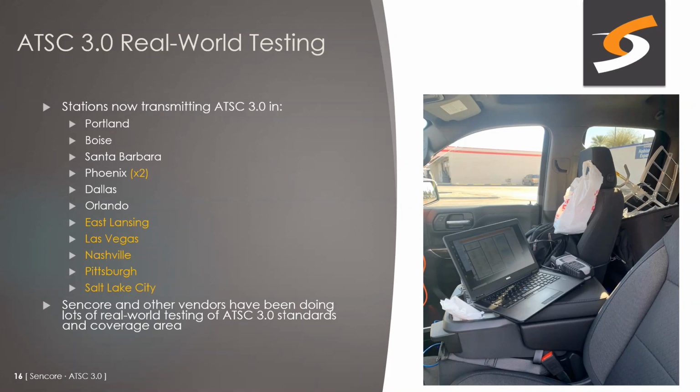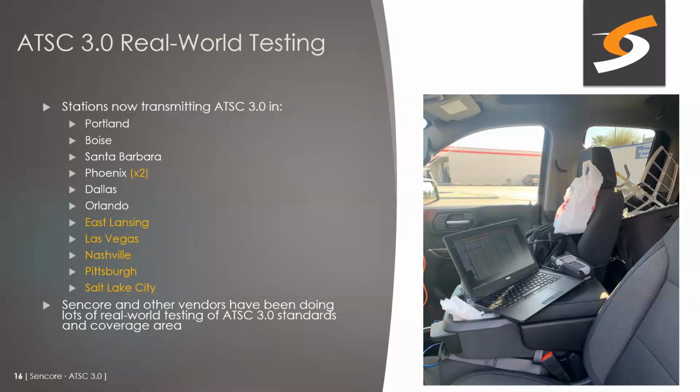We've seen existing stations that have been doing 3.0 for a while change the format of their signal, testing other configurations. We're seeing a lot more PLPs in the signals. Most of the original ones were single PLP, and now we're seeing a lot of multi-PLP channels out there as well.